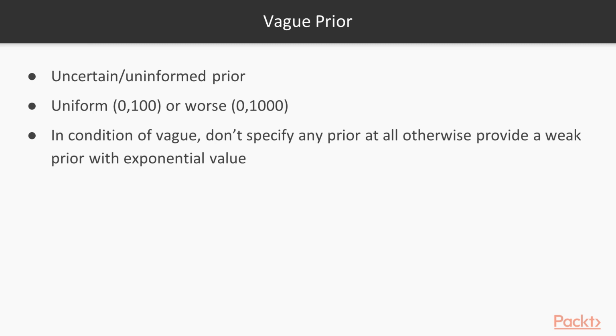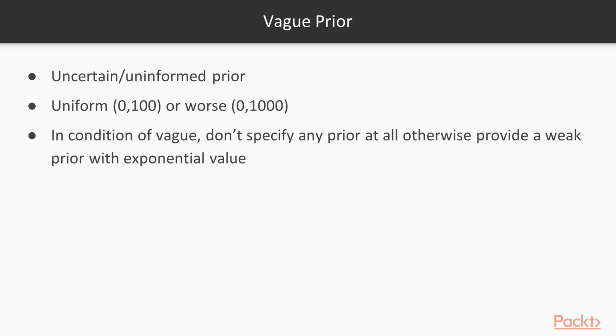You have no idea. You are uncertain, right? Because you have not done any experiment in the past. You have not done any event. This is a new condition for you, so you don't need to specify any prior in that condition. All right. The fourth point is otherwise provide a weak prior with exponential value. If you want to provide one, then you have to provide a complete range here because you are uncertain.